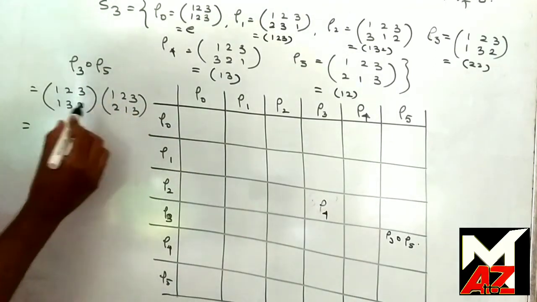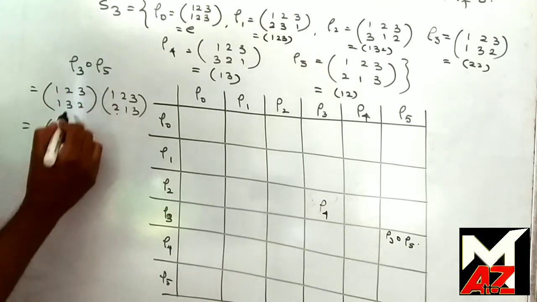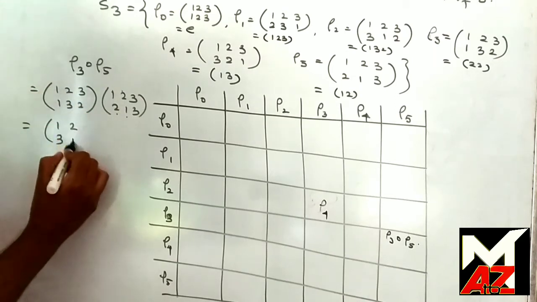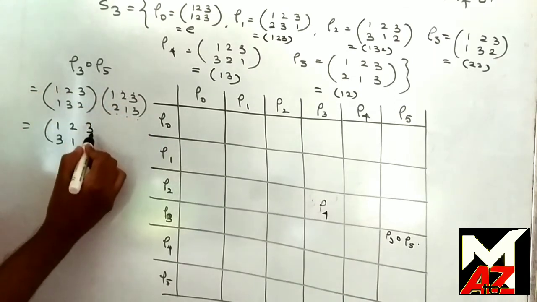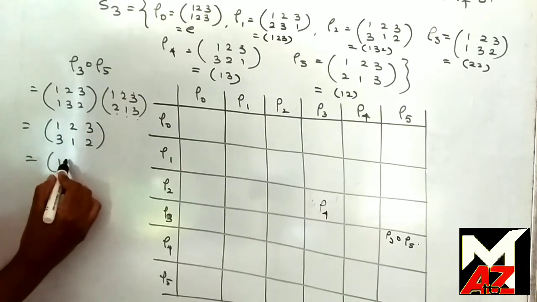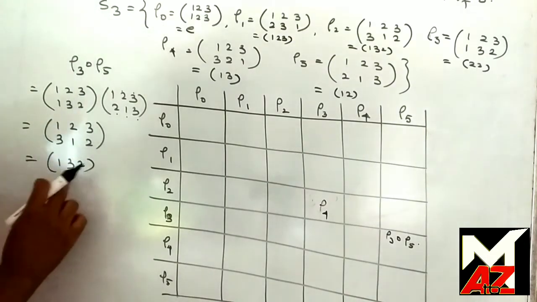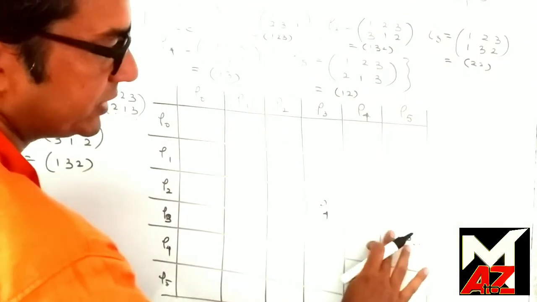This composition gives 1 to 2, 2 to 3, that is 1 to 3; 2 to 1, 1 to 1, that is 2 to 1; 3 to 3, 3 to 2, that is 3 to 2. This gives the result 1, 3, 2, and this is row 2. Here we write row 2.